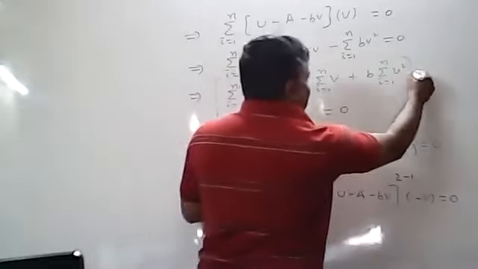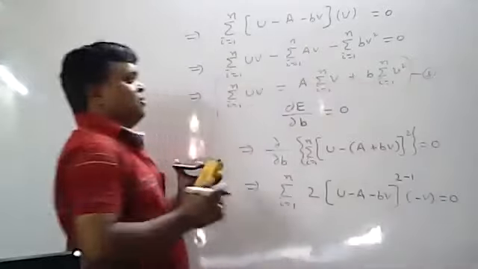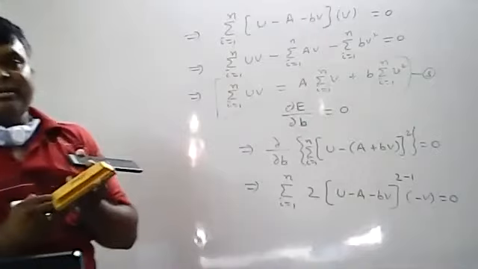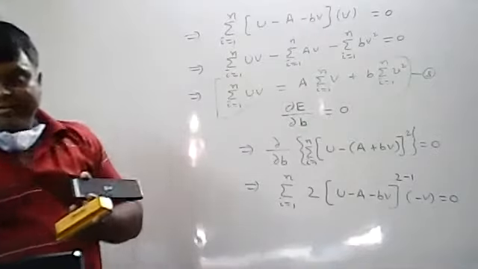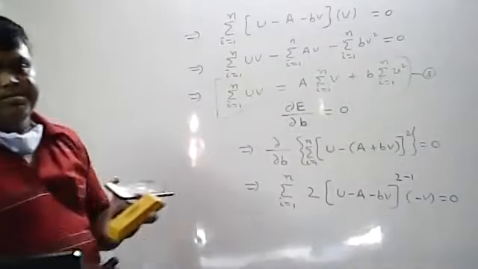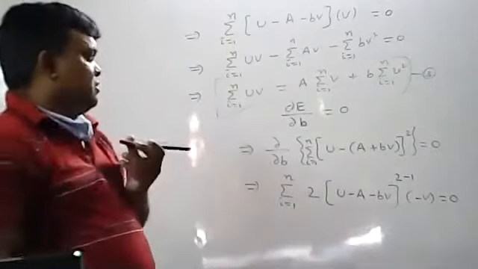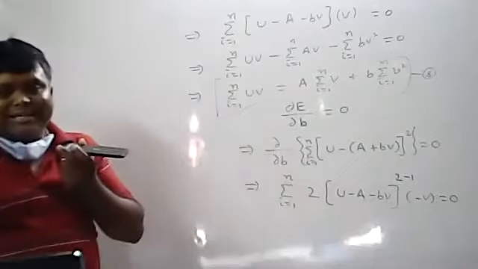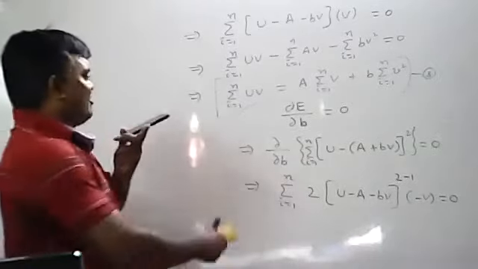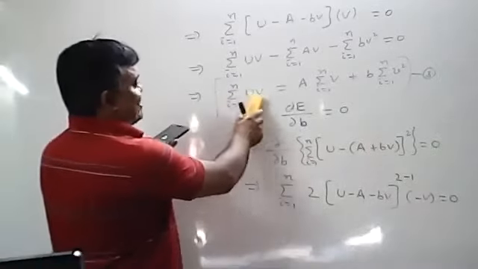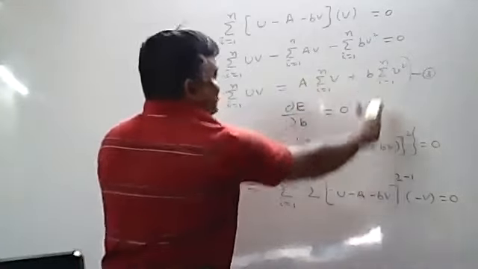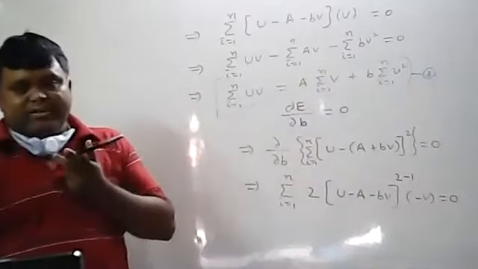Two is already completed, so this is equation number 3. What is the second normal equation of a power curve? It is summation uv equal to A summation v plus b summation v square.